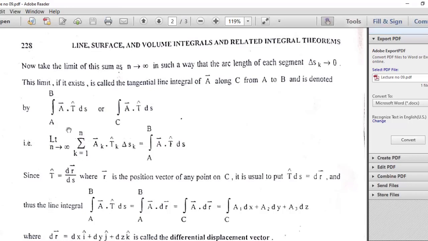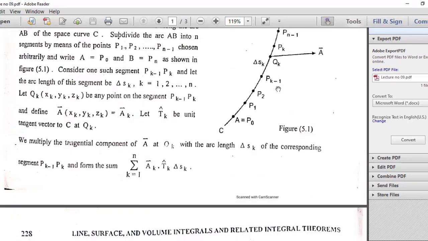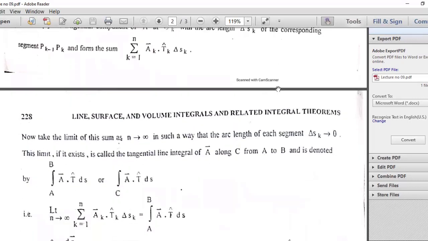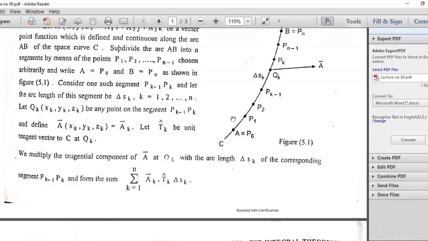Students, this is applied on the portion Pk minus 1 to Pk, and the integral shows the total sum from A to B, meaning P0 to P1, P1 to P2, P2 to P3, up to Pn minus 1 to Pn.